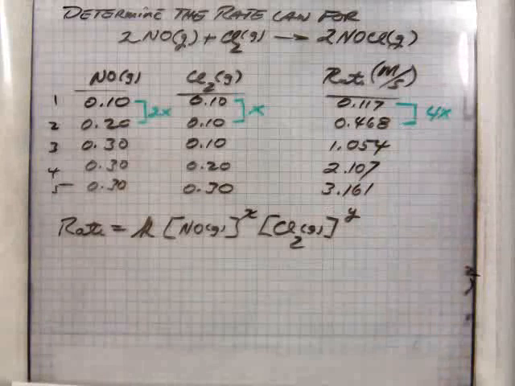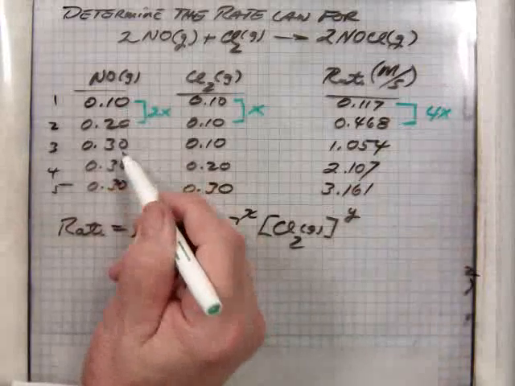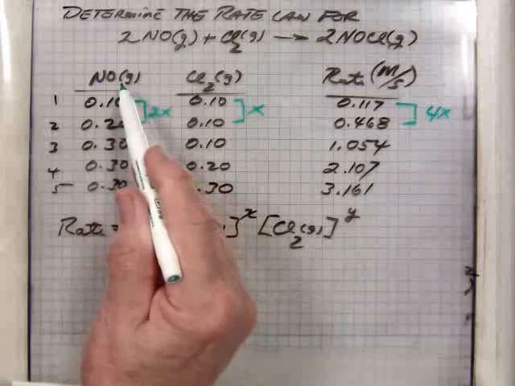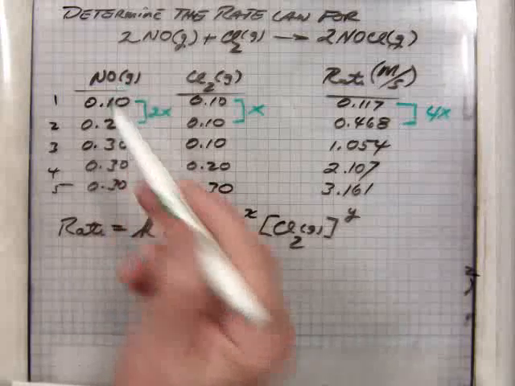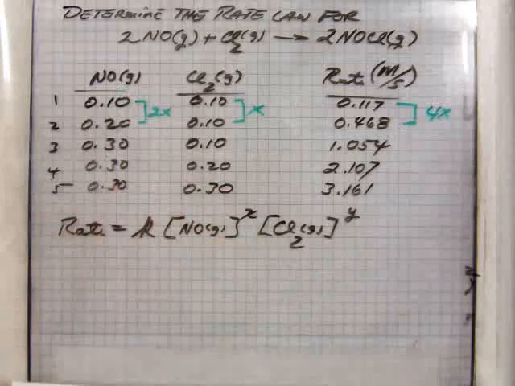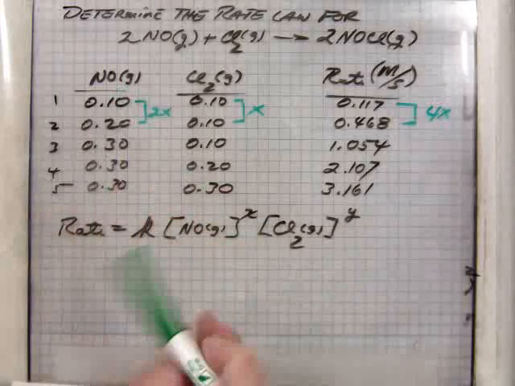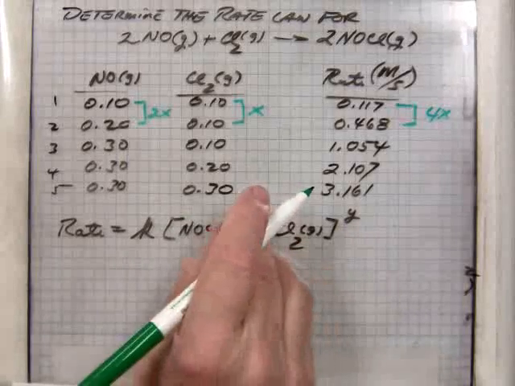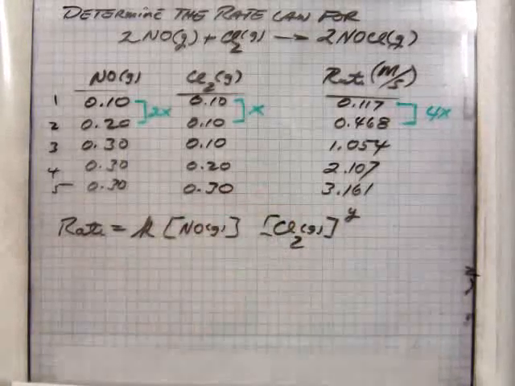And so you would see the trend in rate as a function of nitrous oxide. In the terminology of semantics, it's usually stated the order of reaction with respect to nitrous oxide is 2. And so we come in here and put a 2 here.